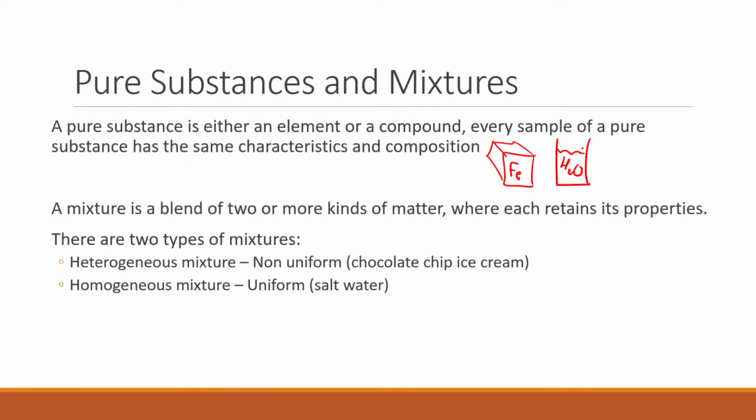There is no other substance in here other than water. A pure substance is either an element or a compound, but it is only that element or compound. There's nothing else in there, nothing else with it.